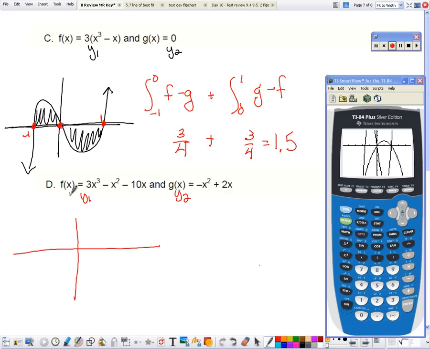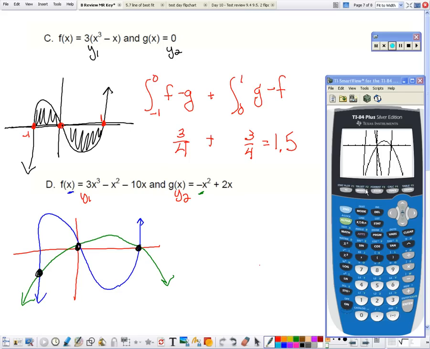So I'm going to do f of x in blue. I'll do g of x in green. So again, my two different integrals, I need to find this intersection point, this one, and this one.